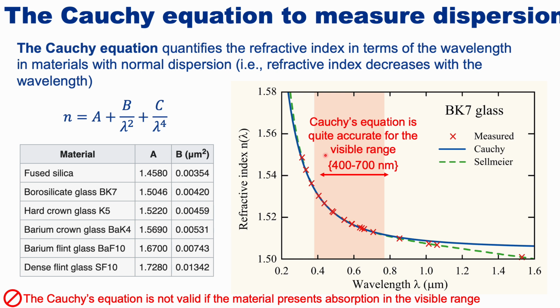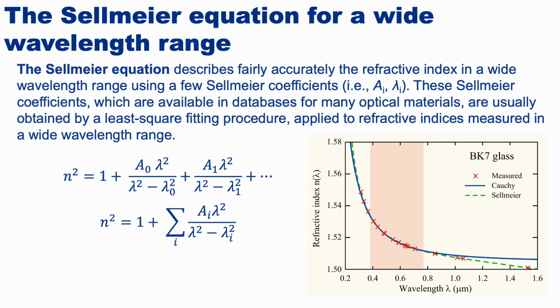And this is a representation of the Cauchy versus the Sellmeier, or the measured one. We see that in the visible range, from 400 to 700 nanometers, the Cauchy equation is really accurate. However, it's only accurate if the medium follows normal dispersion, so the material should not have absorption in the visible range. Outside the visible range, it's better to use the Sellmeier equation, even if the medium has absorption.